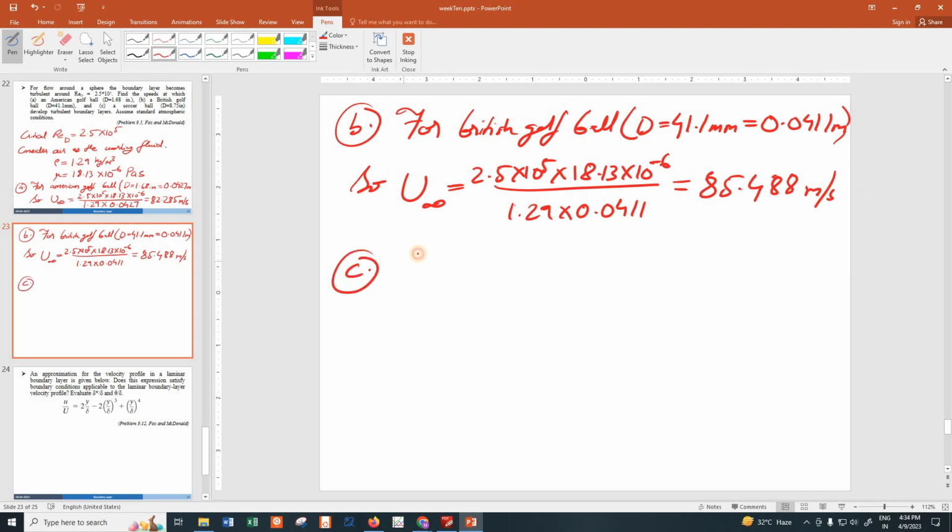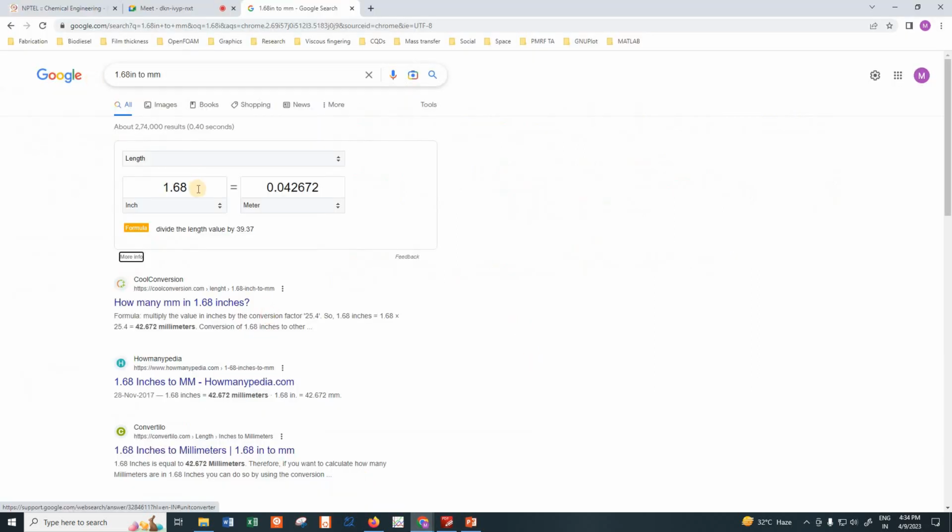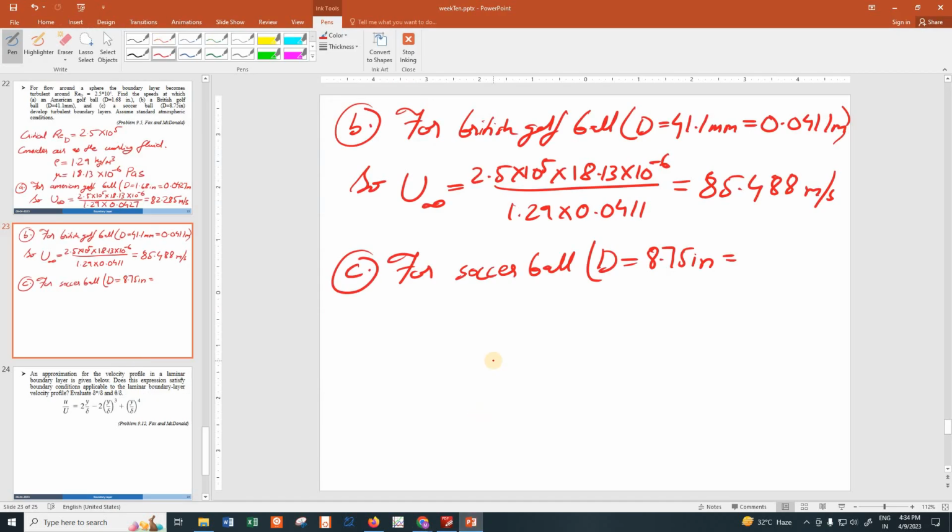Okay, and then for the soccer ball of diameter 8.75 inch, which is basically 0.222.